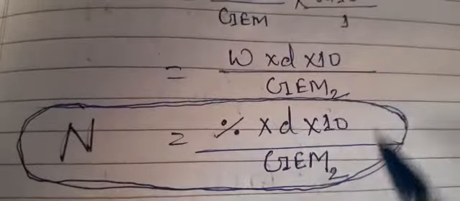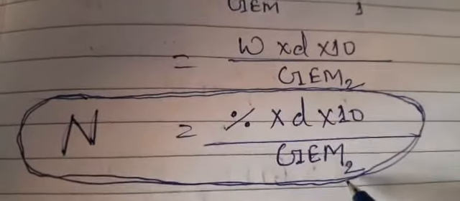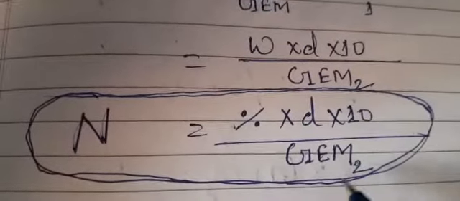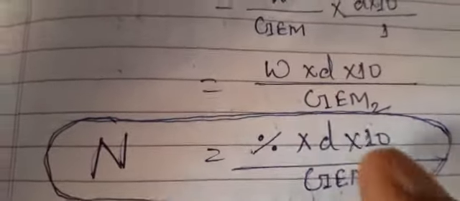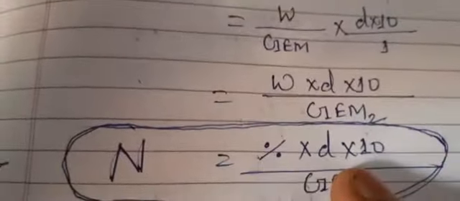By utilizing this formula, you can find the normality in a particular numerical. If you are given the percentage composition, density and the molar mass, you have to remember the molar mass. Whenever these parameters are given in a question, directly put the values in this equation and you get the normality without making huge calculations.